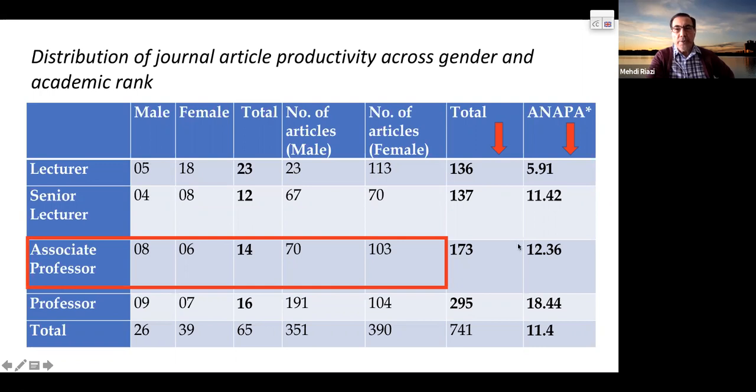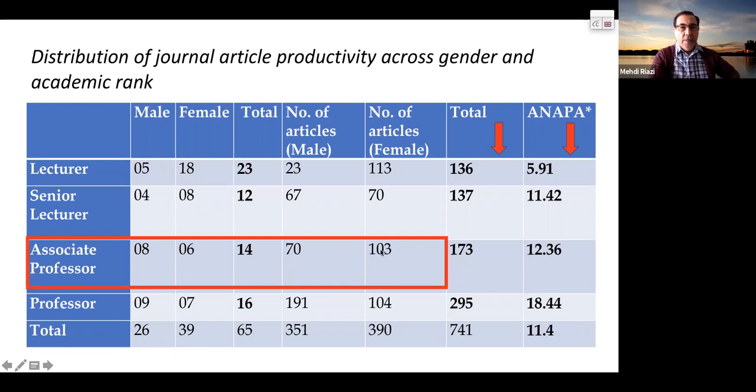But more importantly, there is the average number of article publications per academic. This is more revealing, and again, the trend is more vivid as we move from lecturer to full professor, and you can see that it is increasing.